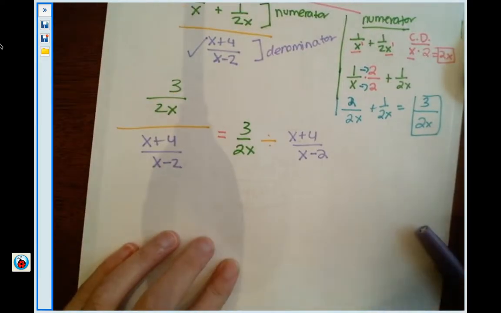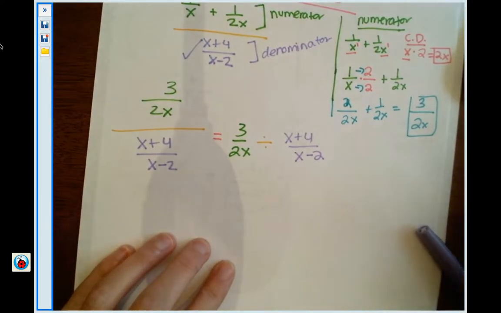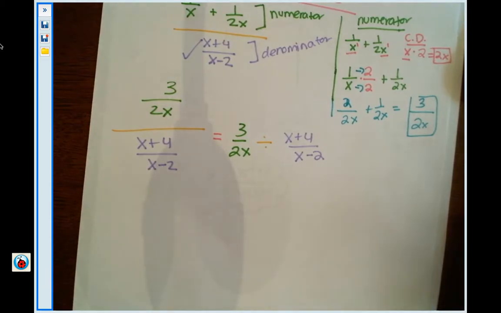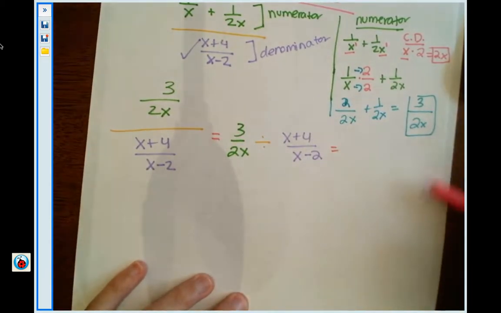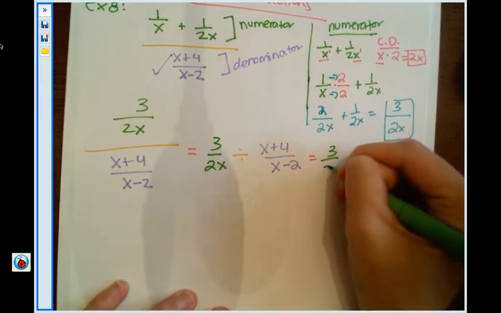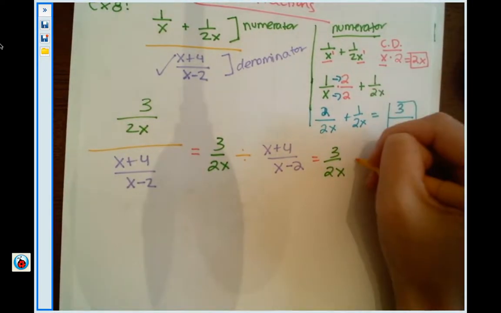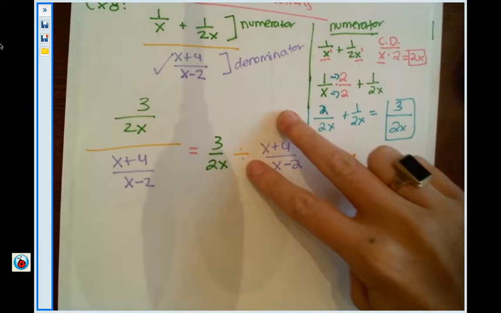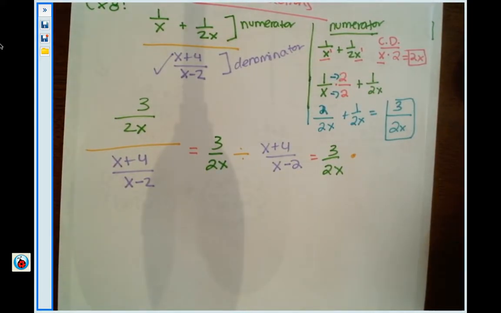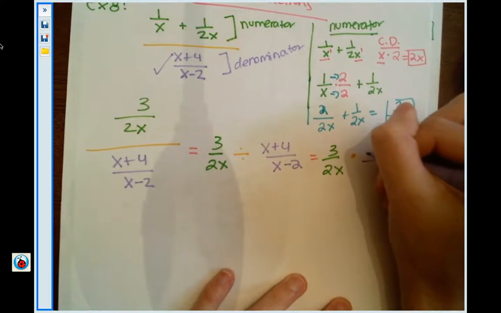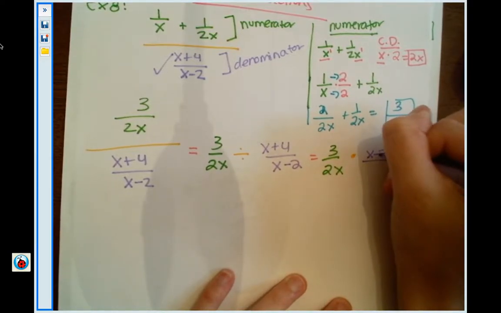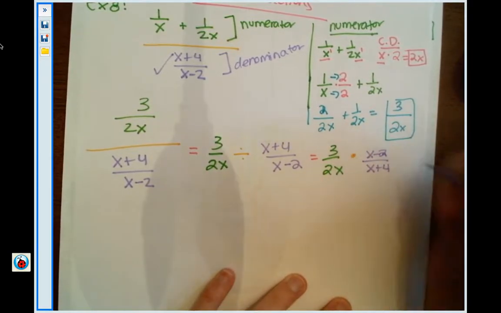So I'm going to start with my 3 over 2x. So we keep, change division to multiplication, and then we're going to flip the second fraction, or find the reciprocal. So it'll be x minus 2 over x plus 4.